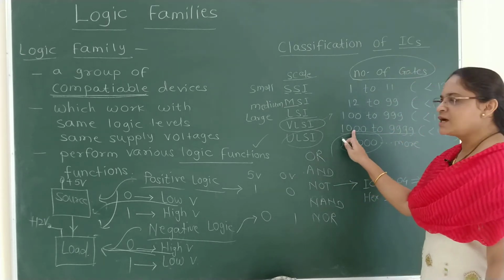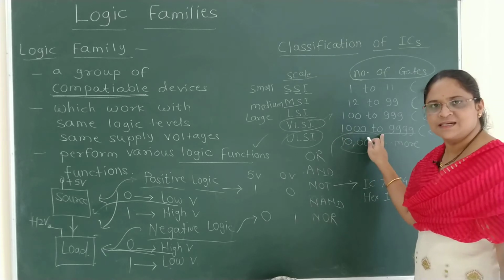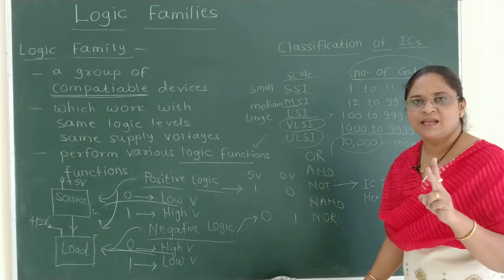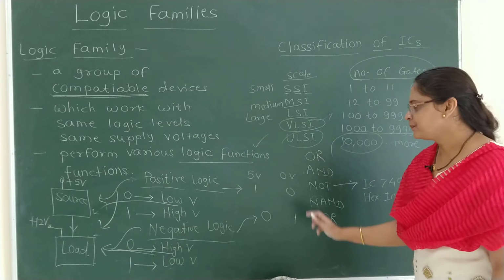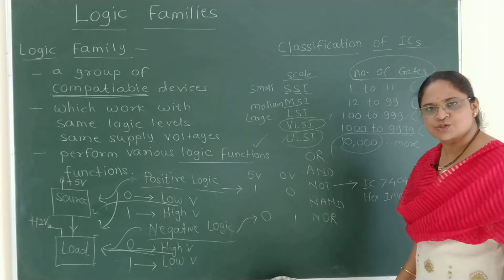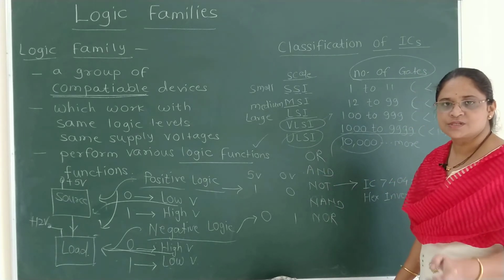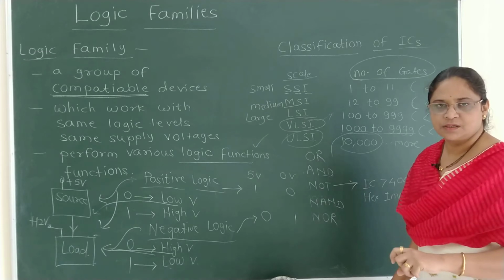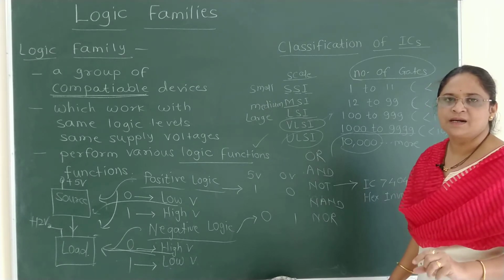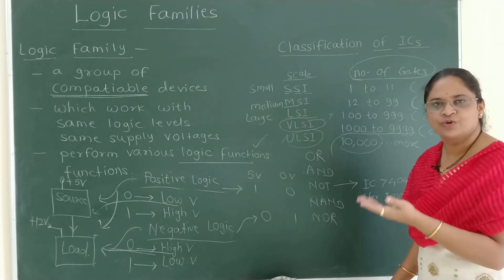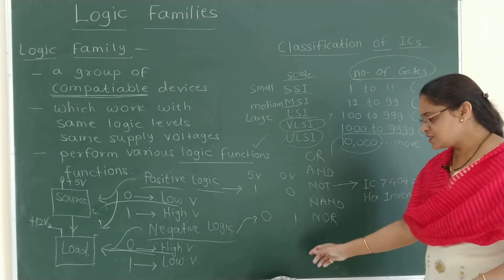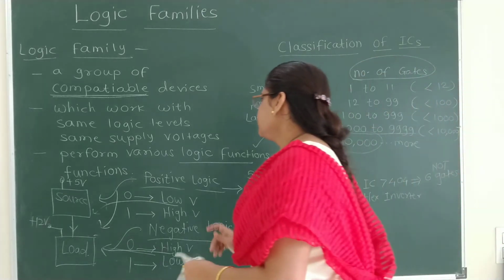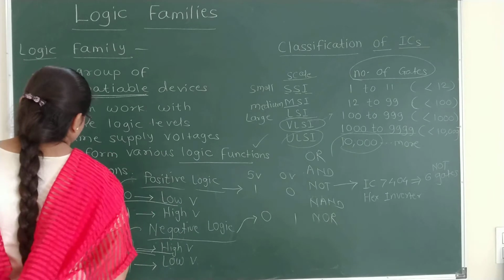If the number of gates is more than 1000 but less than 10,000, it shows the very large scale integration technique, and ultra large scale integration shows this scale includes either 10,000 or more than 10,000 gates in the constructional part. So in this way, let's start studying different logic families.